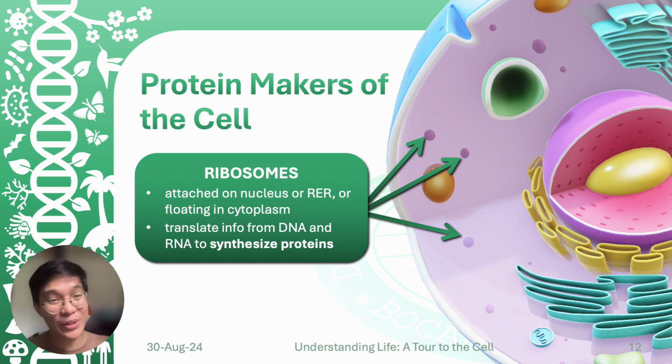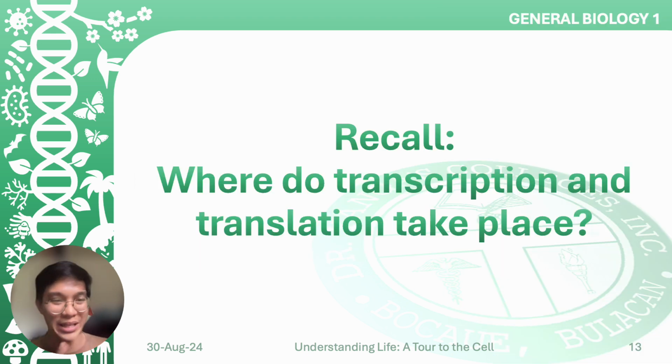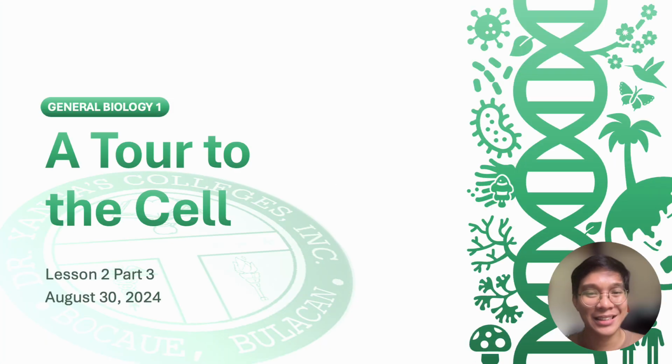And the ribosomes will read the message in the mRNA so that they can manufacture the corresponding protein. I hope that's clear. If not, please do recall your transcription and translation lessons from before. Okay? And that ends our first part of the lecture.